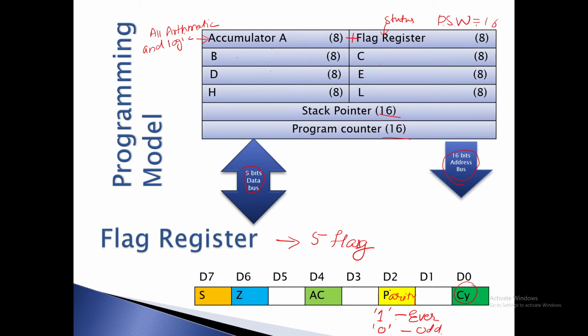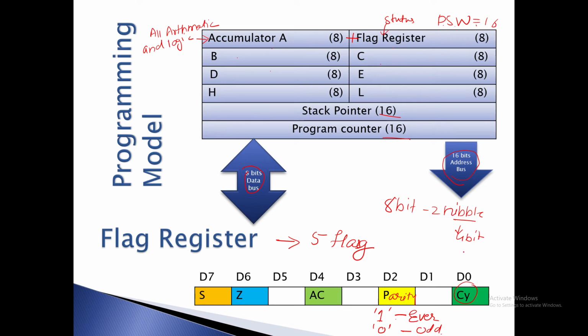As we know, all the operations in the 8085 are done on 8-bit data. That means we have a total of 8 bits to be added. 8 bits means 2 nibbles. Now what is a nibble? 4 bits.